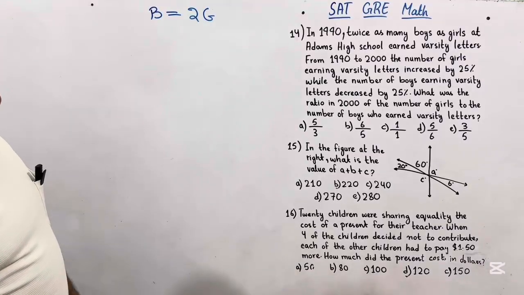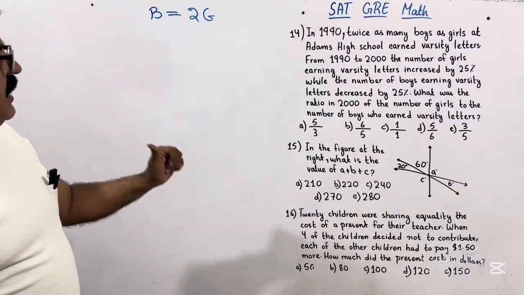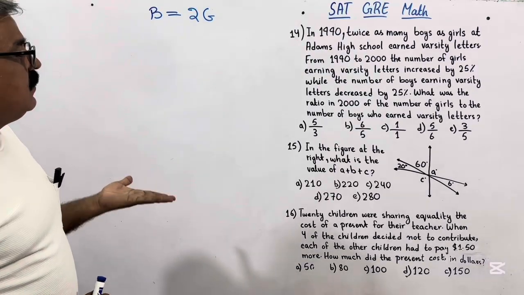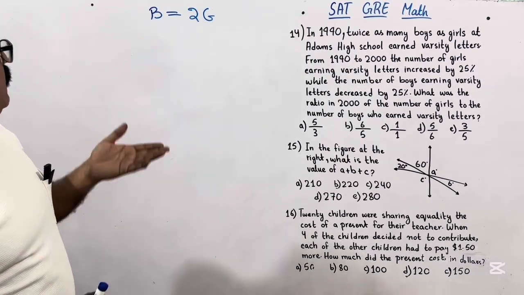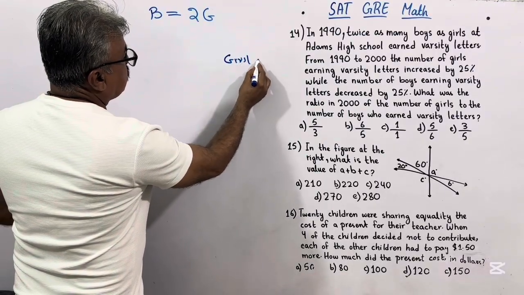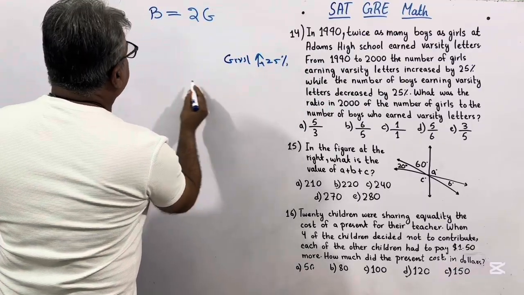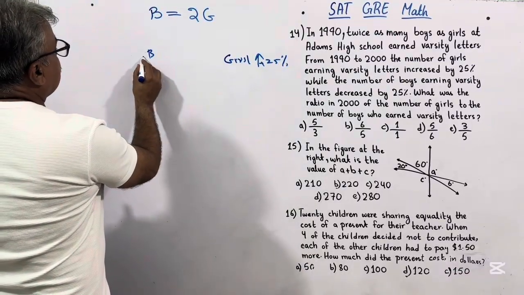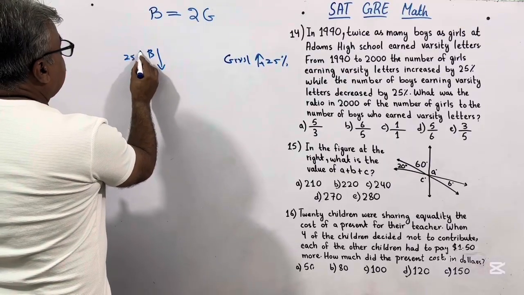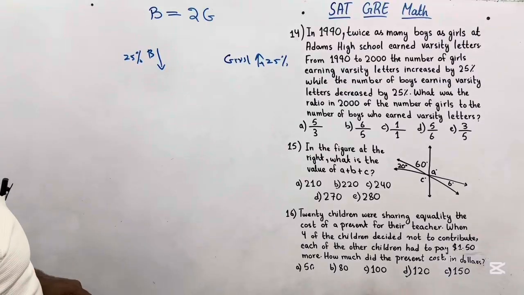Second, it is said that from 1990 to 2000, in that 10 years, the number of girls earning varsity letters increased by 25%, while the boys, as usual, decreased by 25%.